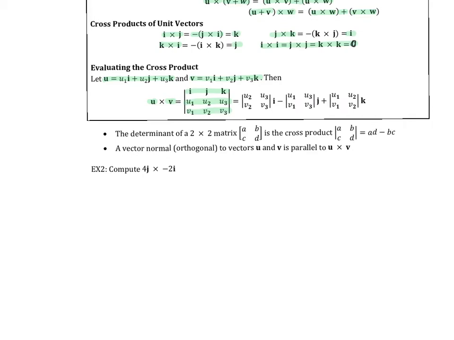Well, whenever we do cross products, what we're doing is we're figuring out what we call a determinant. If you're familiar with linear algebra and determinants, we're going to look at the determinant of what we call a 2 by 2 matrix. So it looks something like this: a, b, c, d. When we compute the determinant, we write it with those absolute value bars that you see in the formula above.